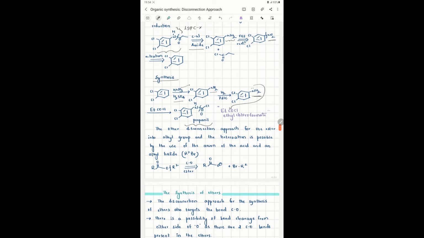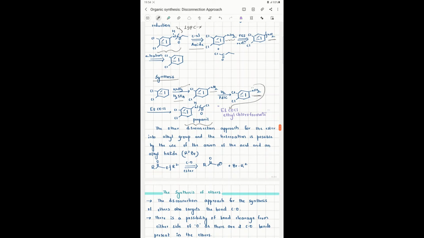The same way, if I take up another type of example in terms of ester, what I can do is, if there is a presence of an ester, I can cleave between the C single bond O here, and then I can get an acid and an alkyl halide. But most of the time such approaches are avoided, because sometimes it is difficult for us to get the respective synthetic equivalent.